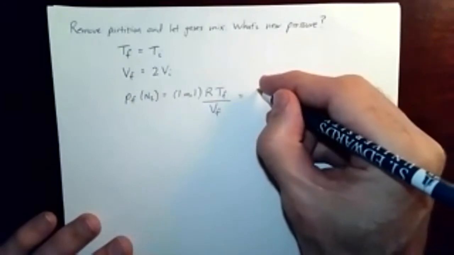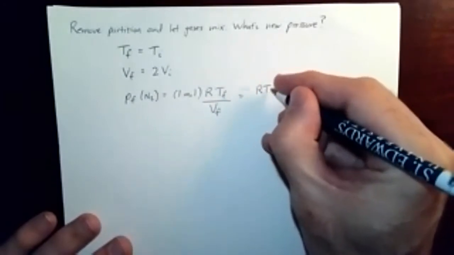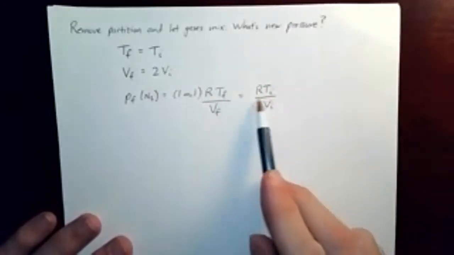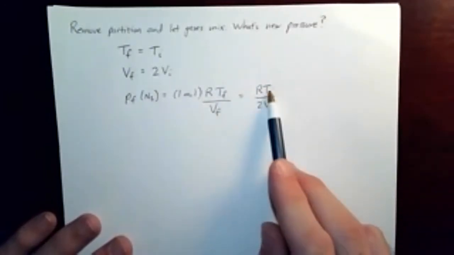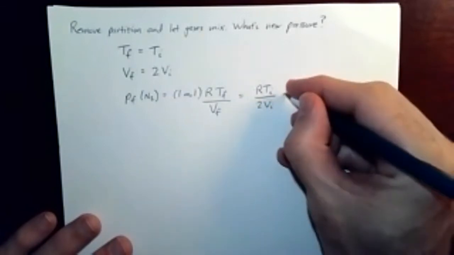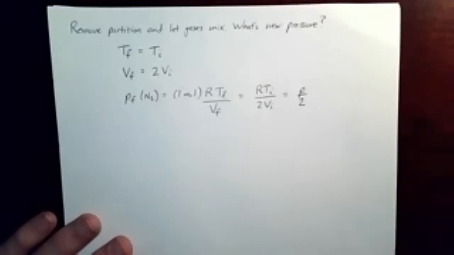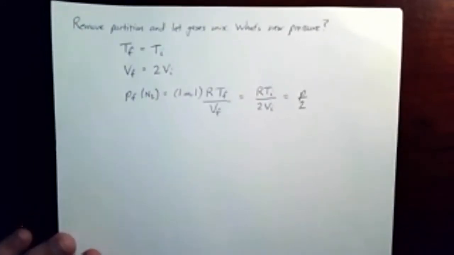So making these substitutions, I have RTi over 2Vi. And you recognize this quantity, RTi over Vi. I called that P. So this is P over 2, the new pressure of the N2 gas. It started at P and now it's P over 2. It was halved, which makes sense because its volume doubled and everything else stayed the same.